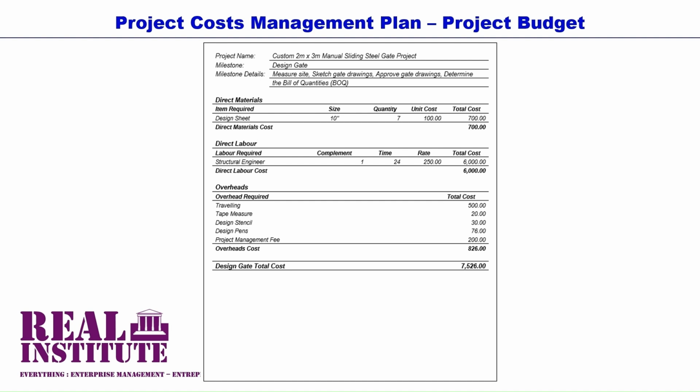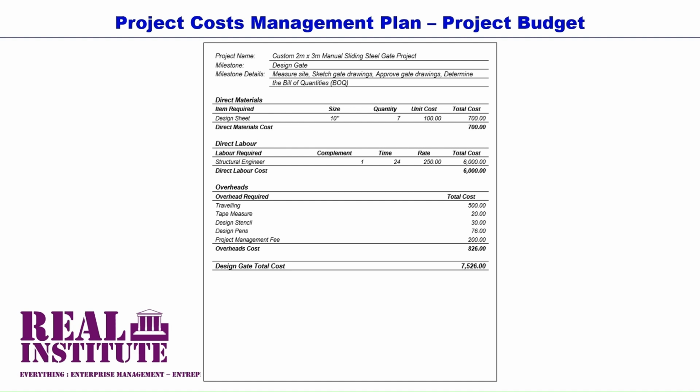For the gate design phase, these are measure site, sketch drawings, approve sketches, and compile the bill of quantities. Then we can proceed with the allocation of activity resource costs into direct materials, direct labor, and overhead cost categories.